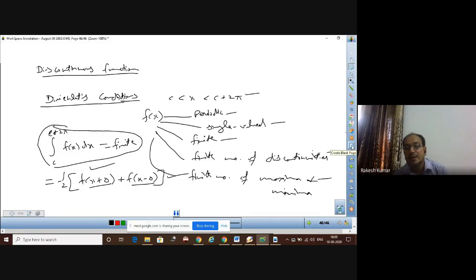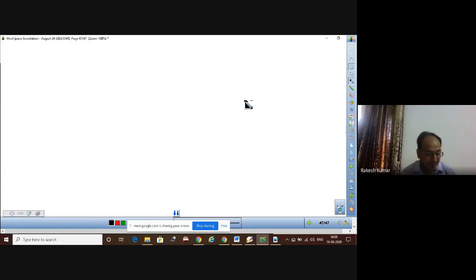Now let us move further and find the Fourier series of a discontinuous function. So we have a function f of x with the values 2 and 1. The value 2 is for the interval minus pi to 0, and the value 1 is for the interval 0 to pi.